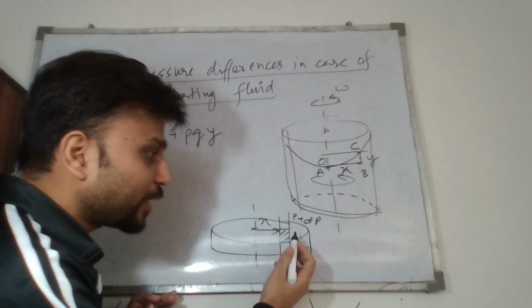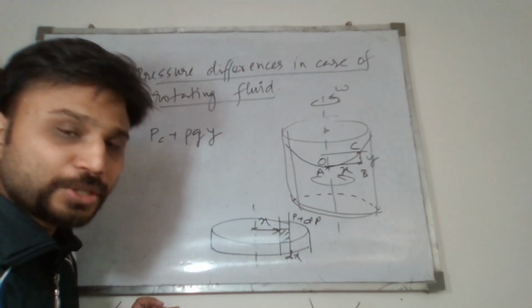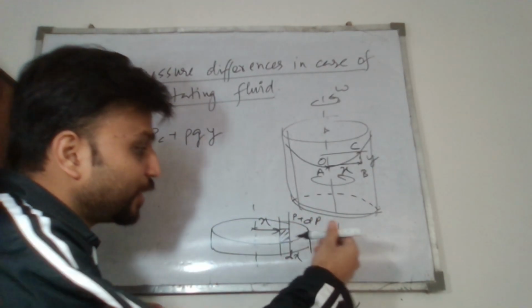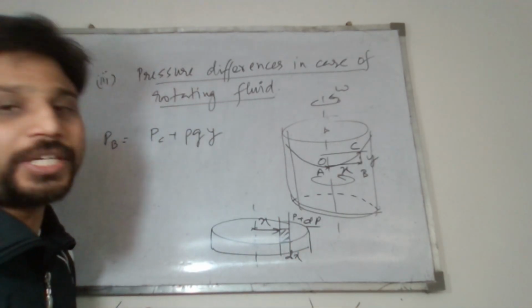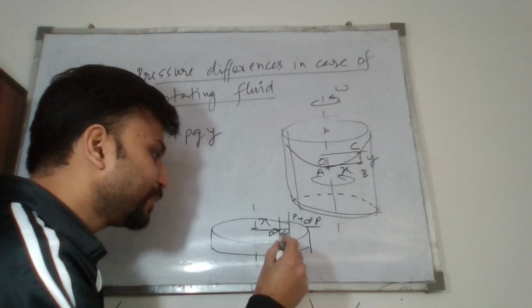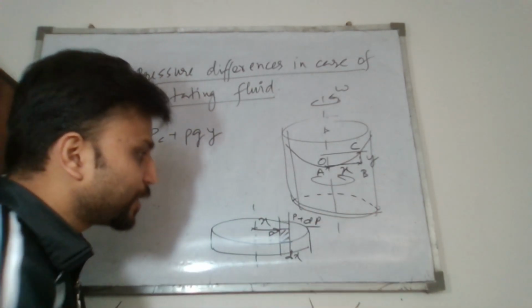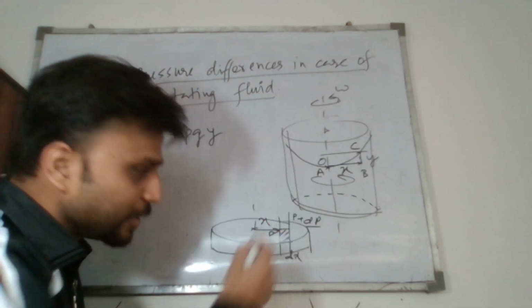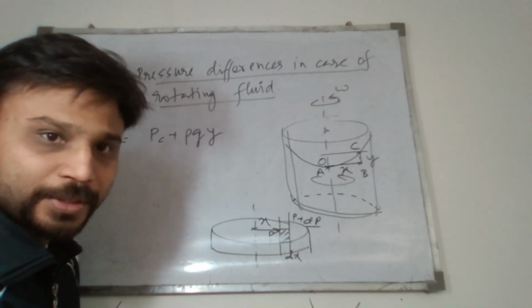It's because we have to rotate in a circular motion. So, in case of a circular motion, the inward force has to be there, which is provided by this extra pressure dP. The pressure acting in outward direction is P and in inward direction is P plus dP. We have to figure out what this dP is.